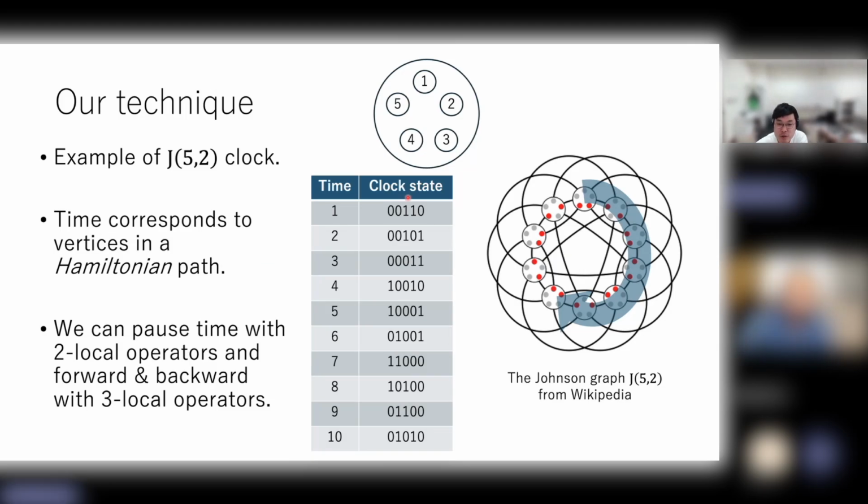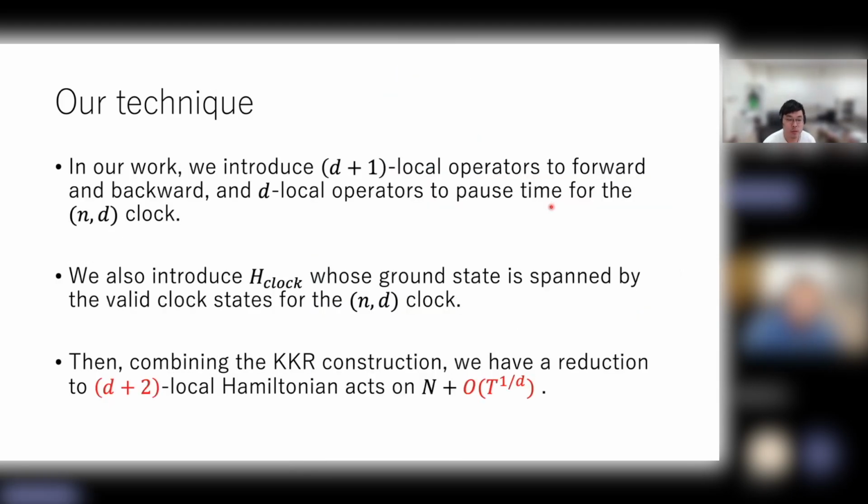In this figure, this circle is a simple Hamiltonian path. In our work, we formally introduce local D plus one or D local operators to pause and move forward and backward time on the ND clock.